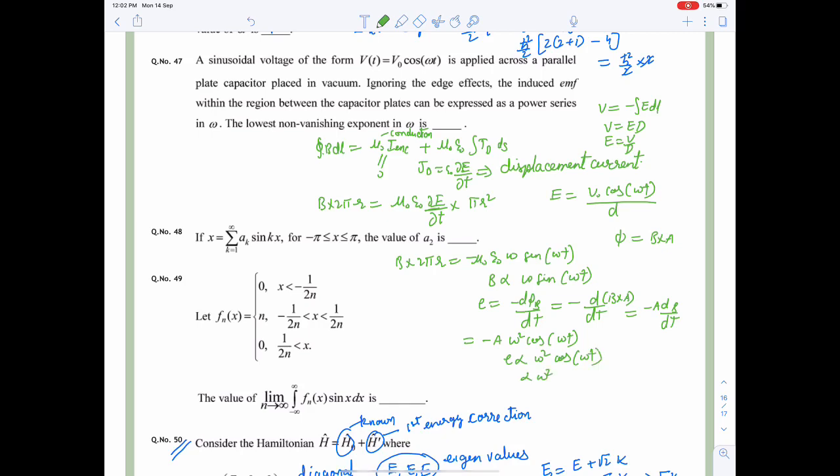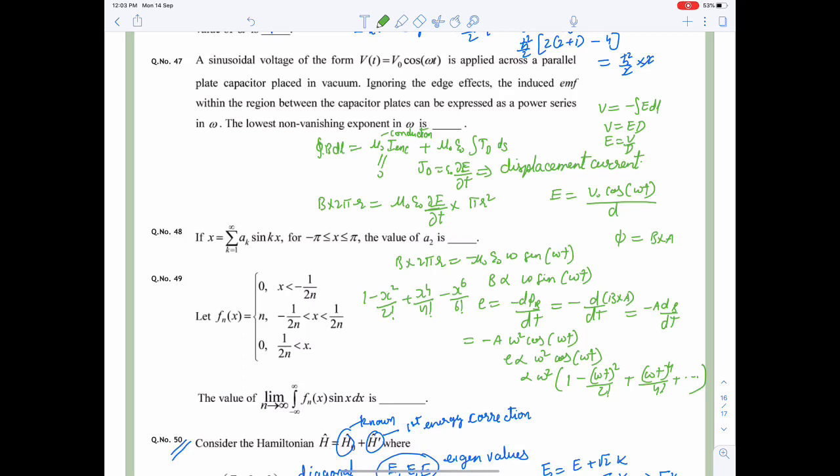For the first non-vanishing term, the expansion of cos x is 1 minus x square by 2 factorial plus x to the 4 by 4 factorial minus x to the 6 upon 6 factorial. So cos omega t becomes 1 minus omega t whole square upon 2 factorial plus omega t to the 4 upon 4 factorial.